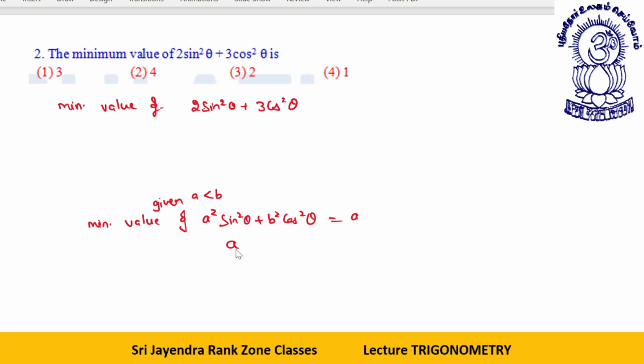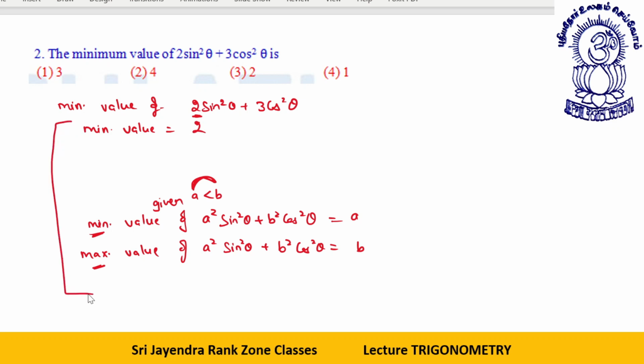And the maximum value of this expression is b. See, the minimum value among these numbers will be the lesser of the two, and the maximum value will be the greater of the two.